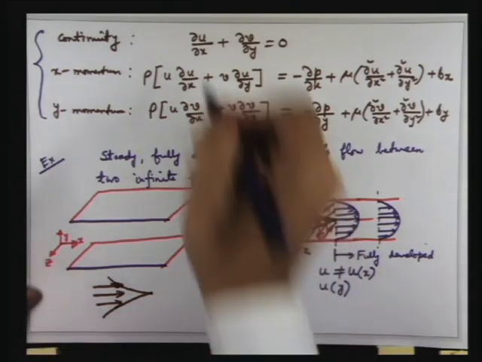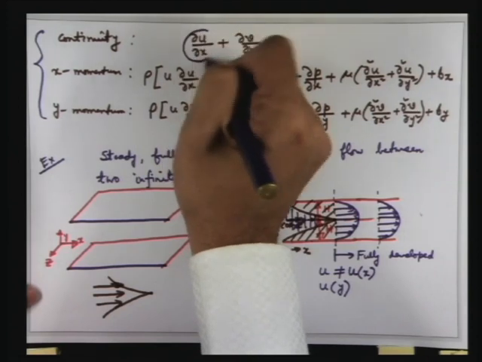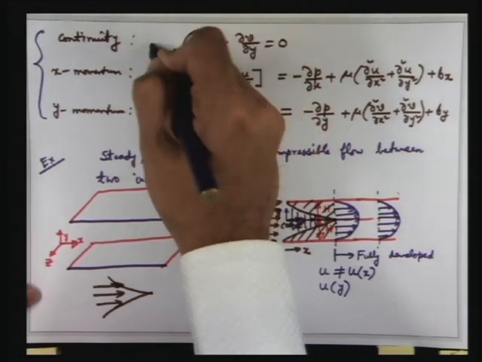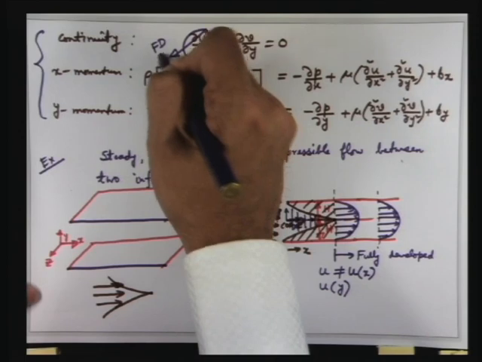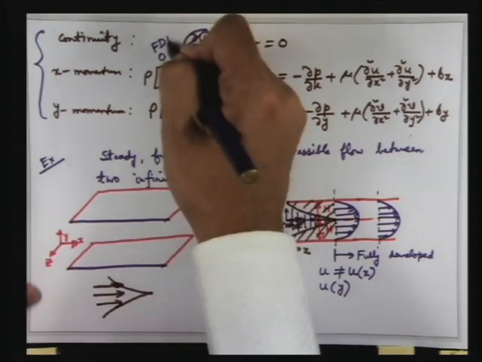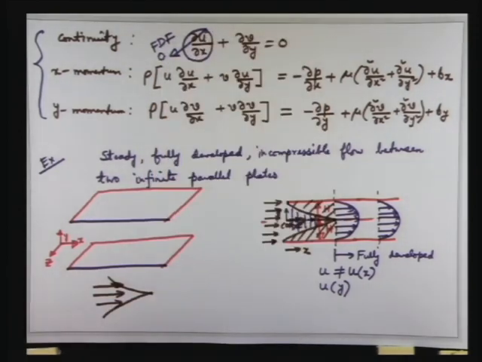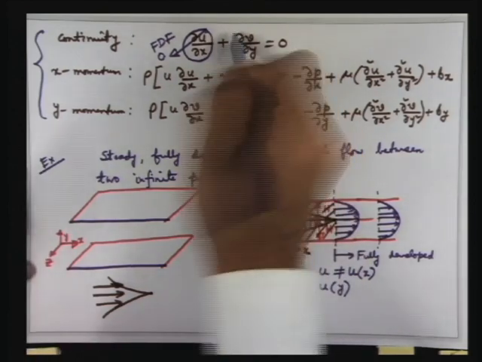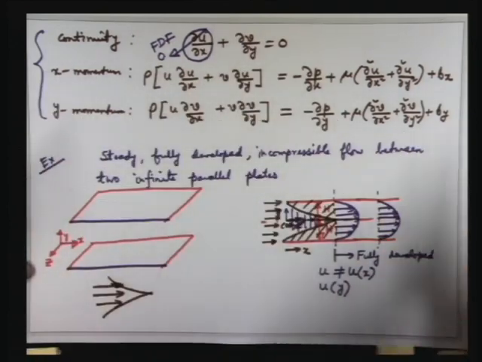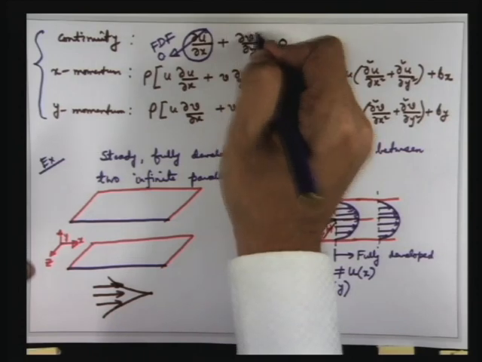First of all, for fully developed flow you have del u del x equal to 0, because u is not a function of x. If del u del x is equal to 0, that means del v del y is equal to 0.